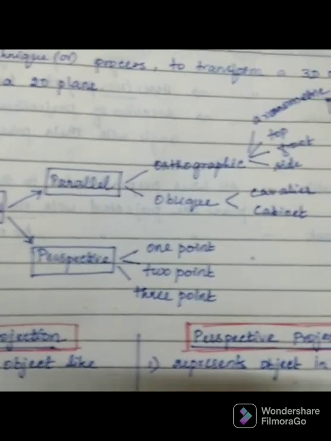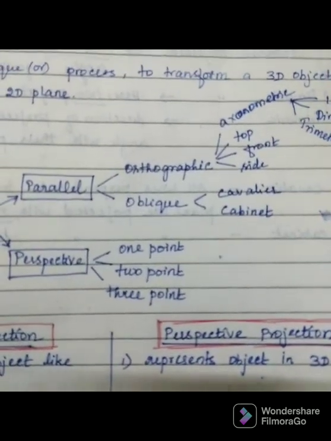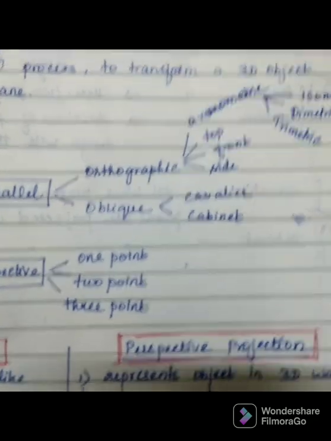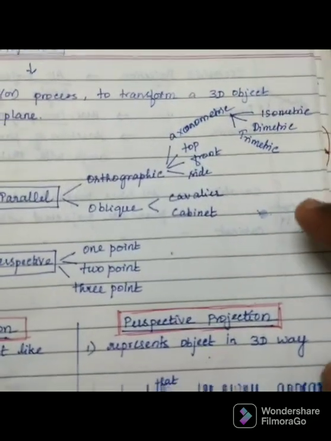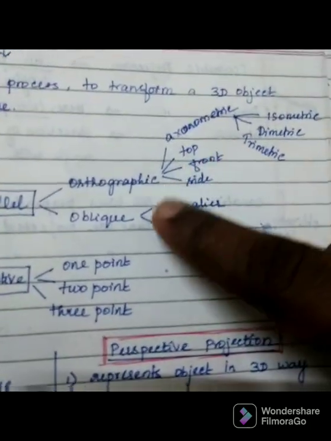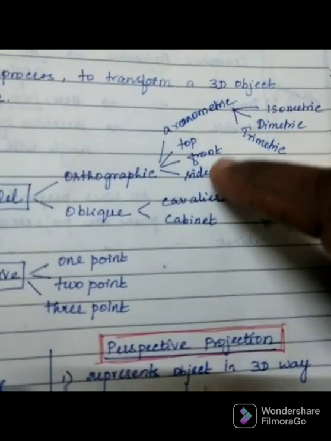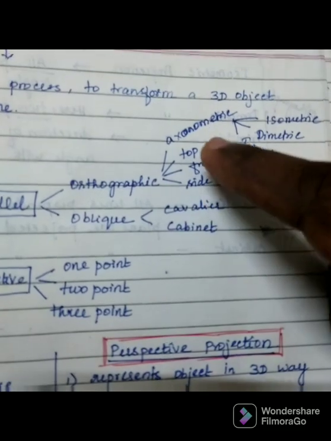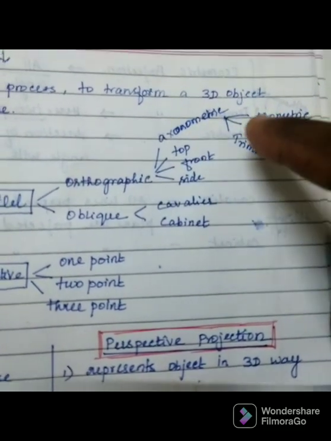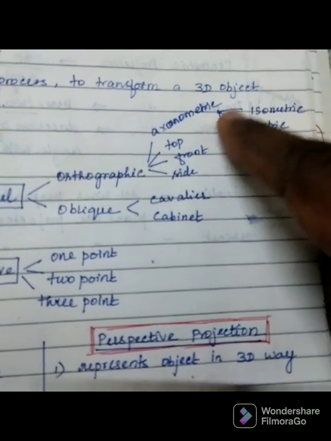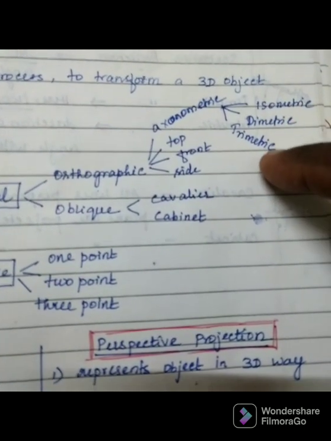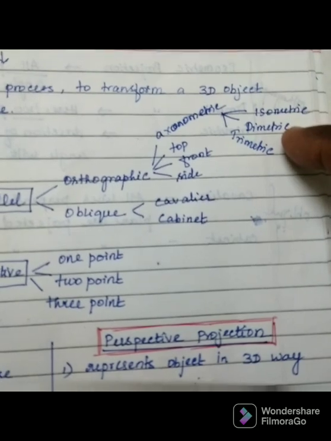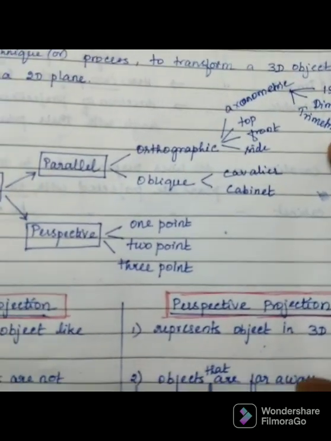This parallel projection is of two types, orthographic and oblique, and it is further divided into these subdivisions. Orthographic into top, front and side, and axonometric, and again this axonometric orthographic parallel projection is further divided into three types, isometric, dimetric and trimetric.